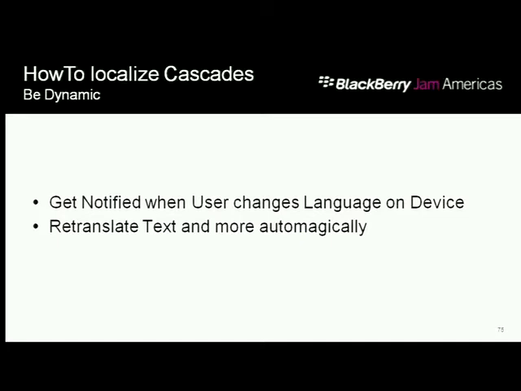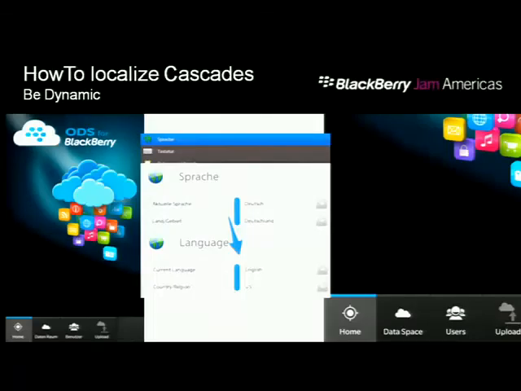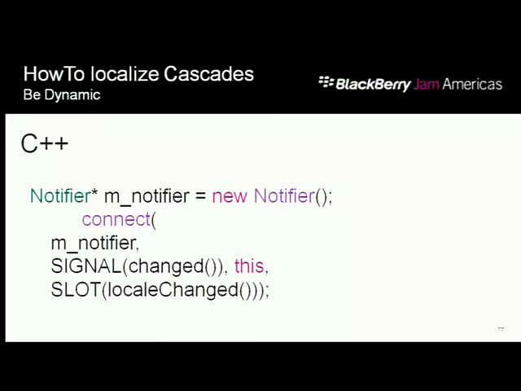You want to get notified when the user changes the language on the device. I've seen it before in the demo from WebWorks. It's easy to change the languages. The old UI from Beta 2, Beta 3 looks much nicer. And forget this slide. The notifier is gone.